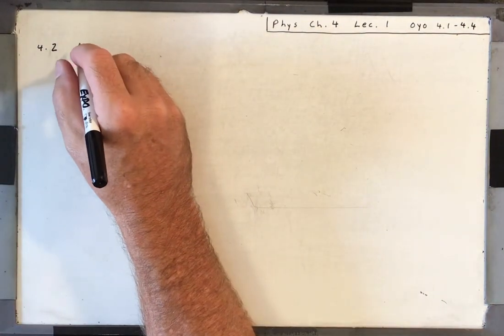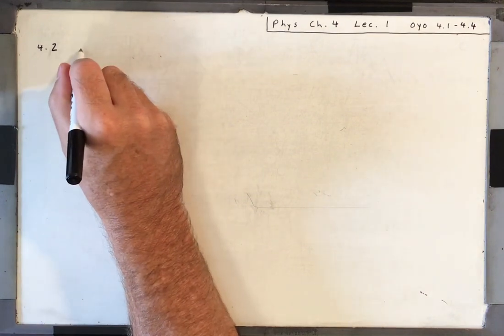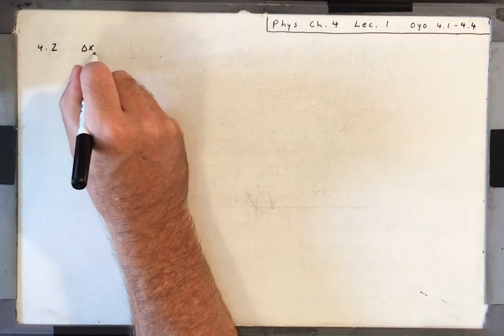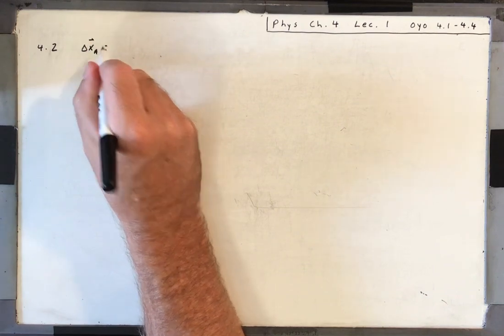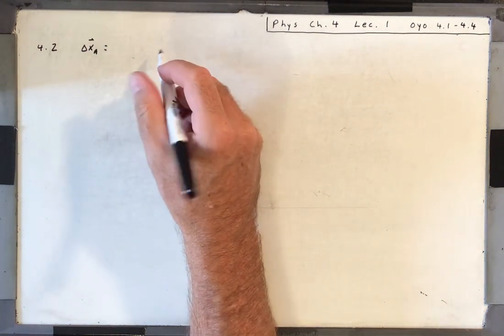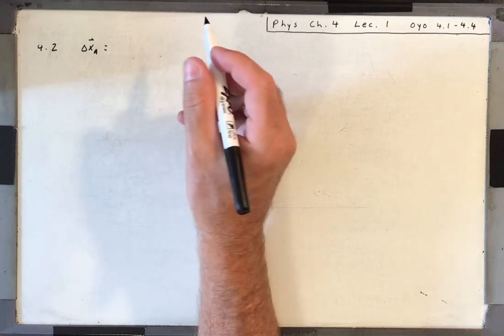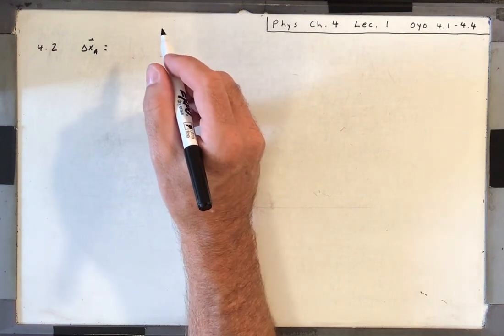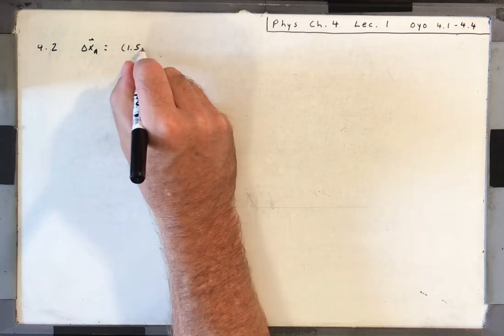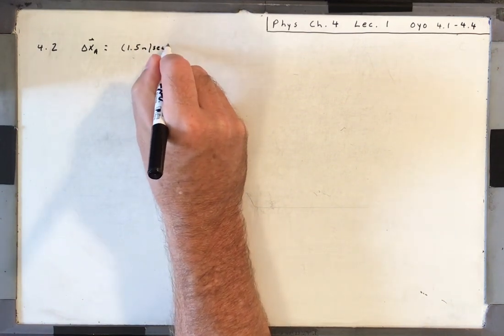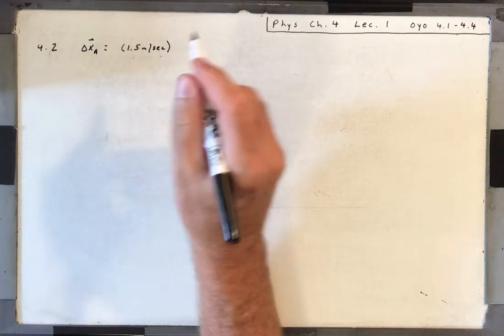Right, so our displacement for part A is, since the acceleration is constant, just like on 4.1, only velocity times time. So that'd be 1.5 meters a second. Now we were given minutes.